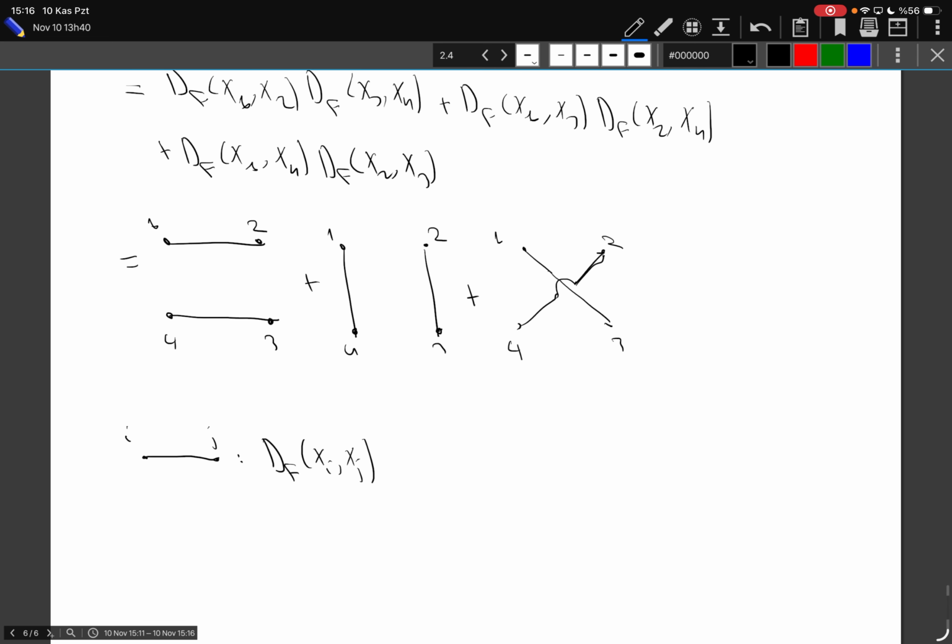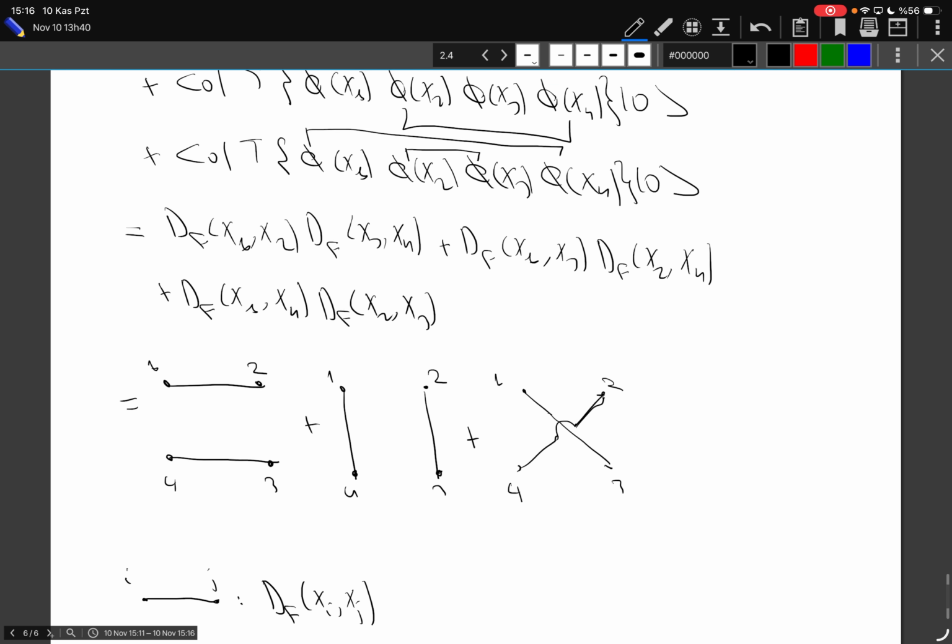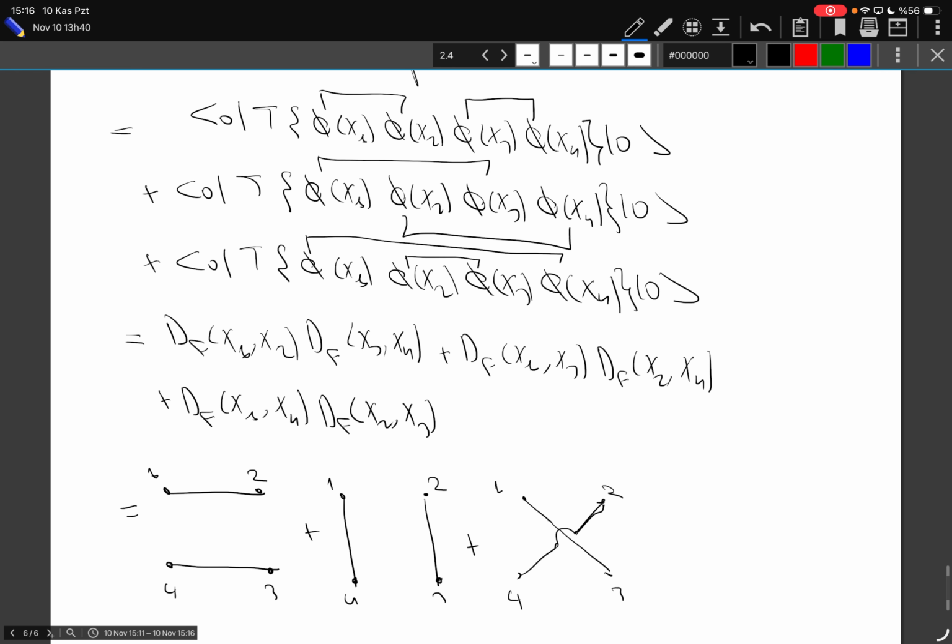They are Feynman diagrams. These are called Feynman diagrams. You see, once you have this Wick theorem, I can basically calculate to any order without much effort.